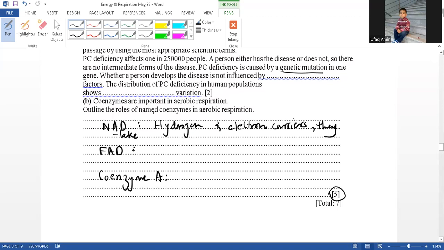So let's not discuss that. And secondly, they are saying coenzymes in aerobic respiration, so let's focus on aerobic respiration. So they are hydrogen and electron carriers.